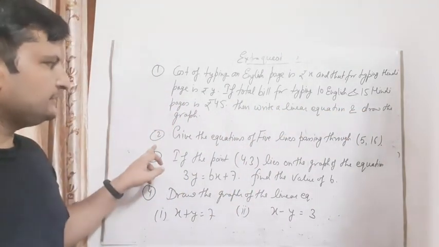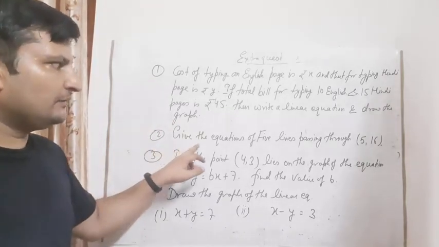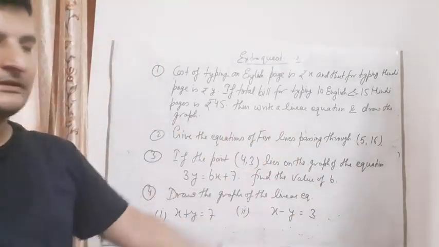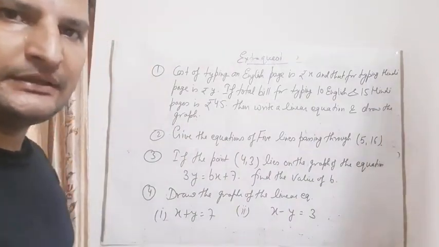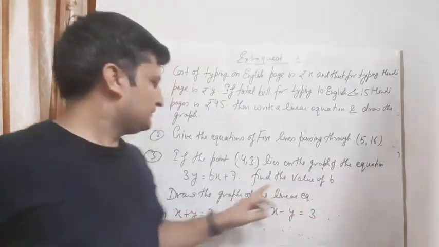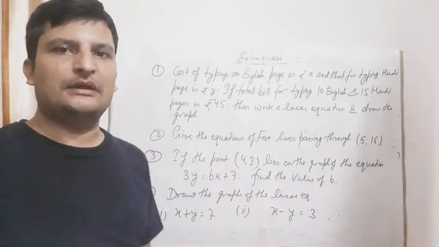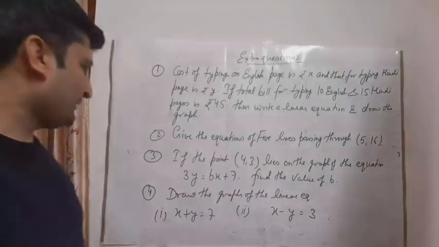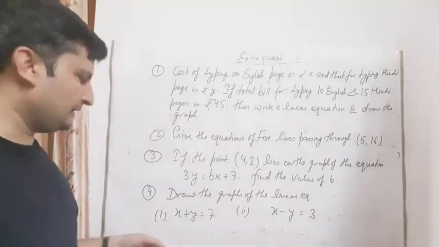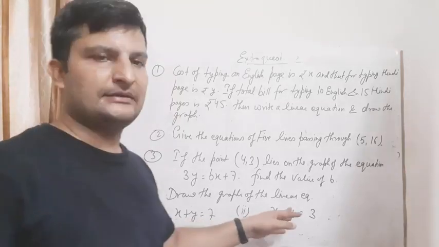Understood? Second, these questions are based on exercise 4.2. Give the equation of 5 lines passing through (5, 16). आपने 5 लाइन्स की इक्वेशन लिखनी है जो (5, 16) से पास होते हुए जाती है। Third, if the point (4, 3) lies on the graph of the equation 3y = bx + 7, then find the value of b. Similarly fourth question, draw the graph of the linear equations. हमें खाली ग्राफ ड्रॉ करना है: x + y = 7, you have to draw it first, and then x - y = 3.